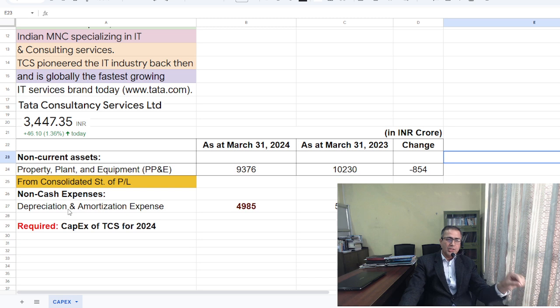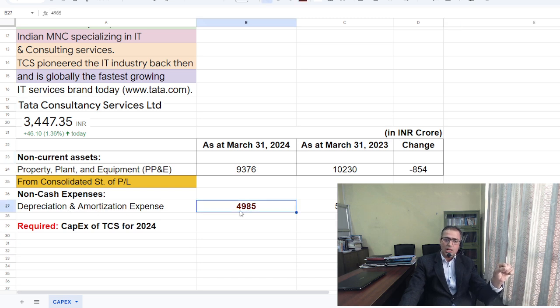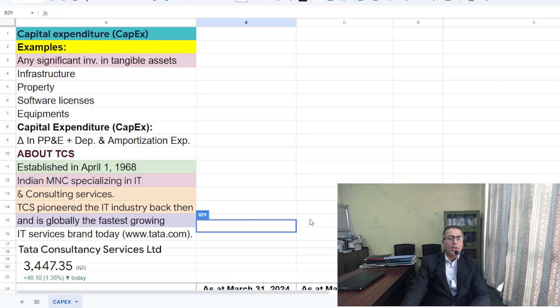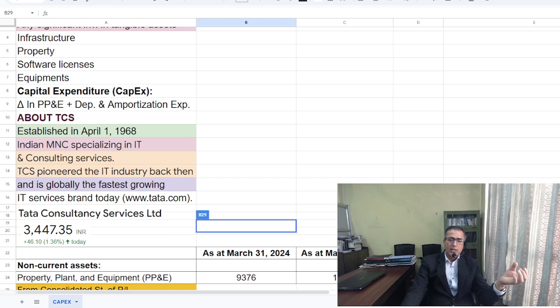Now the depreciation and amortization expenses are 4,985 and 5,022. So that is why we can see here, friends, the capital expenditure. As I explained earlier, capital expenditure is simply change in property, plant and equipment plus non-cash expenses.